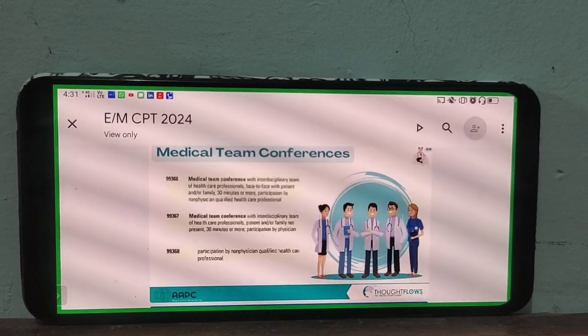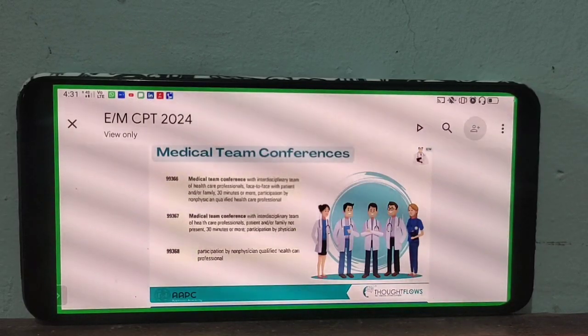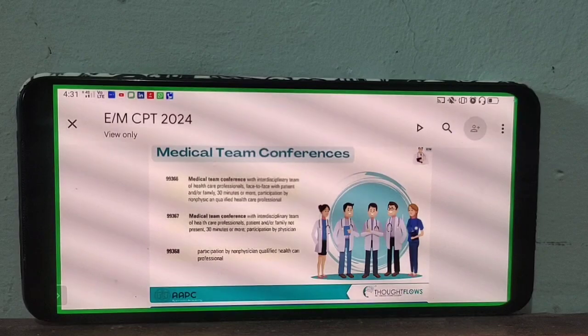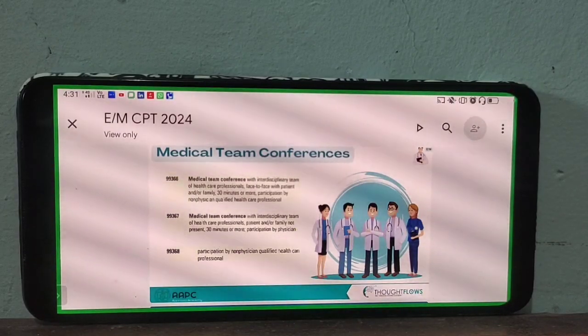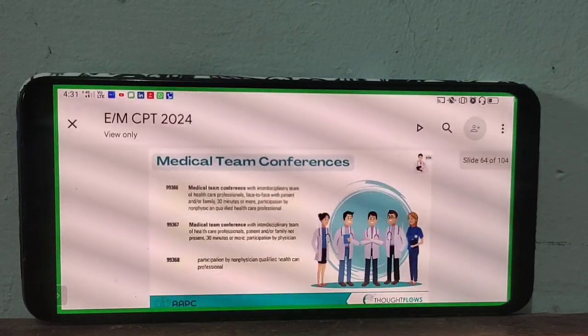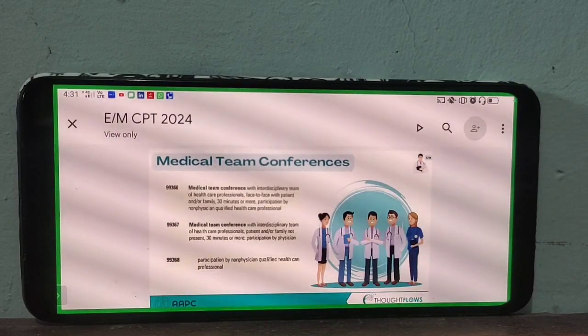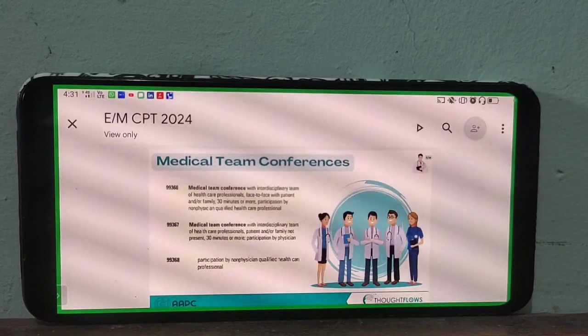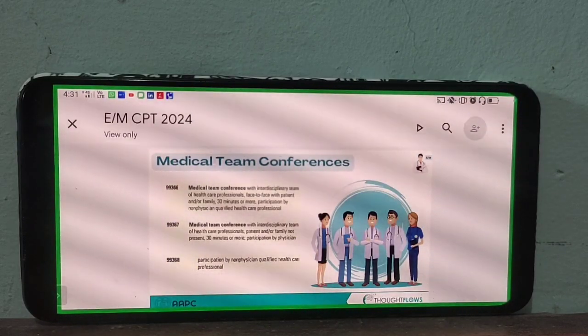The purpose of this conference is that they are taking the decision and discussing the treatment of that patient. That's it. Did you understand? Yes, ma'am. Even the insurance persons will come under 99368, right, ma'am? Yeah, apart from family members. Apart from doctors, any other third person comes under 368.